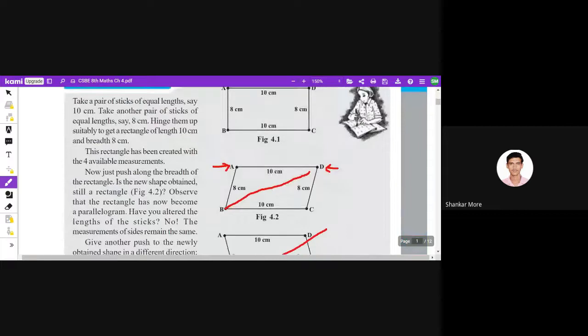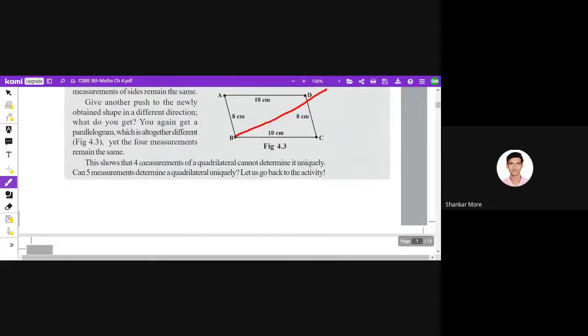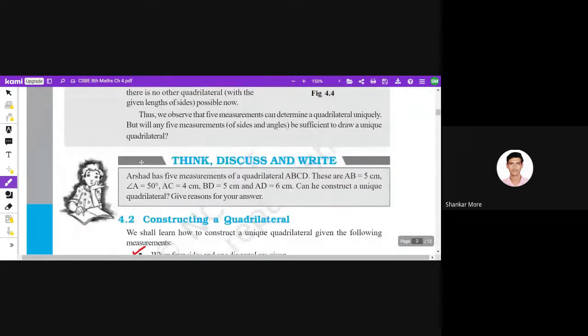We know that in order to construct a unique quadrilateral, how many parameters do we need, students? How many measurements do we need to construct a unique quadrilateral? How many parameters are needed? 3, 4, 5, 6, 7? Suppose we have to construct a quadrilateral. For that we need some measurements, right?